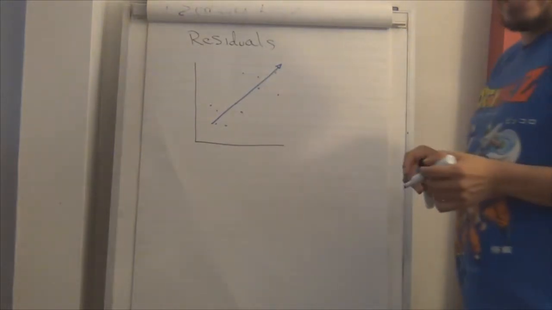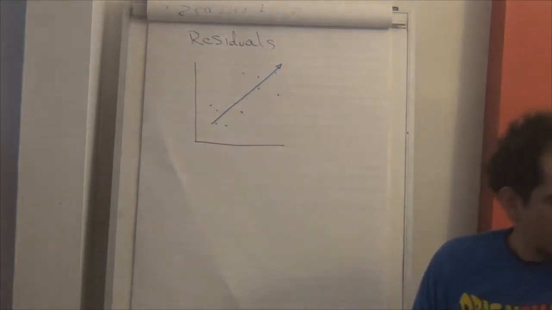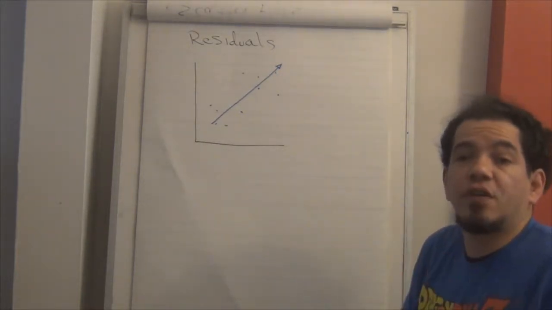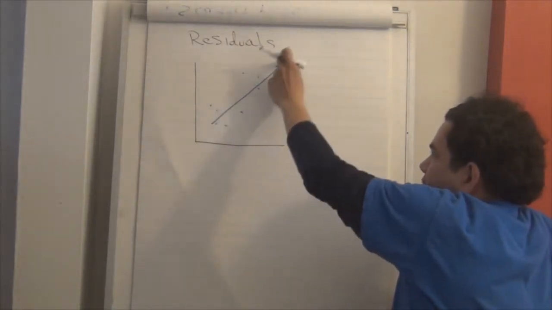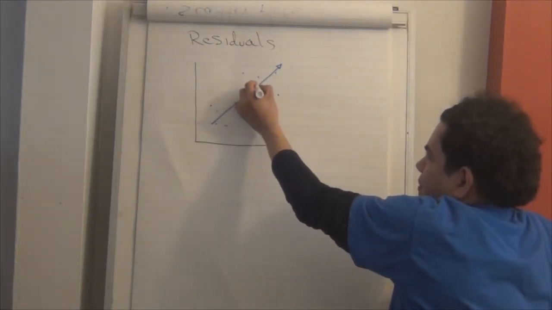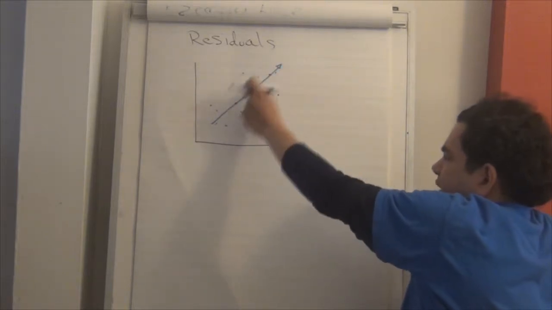Now, a residual is whatever is left over. Let's say this line predicted perfectly these three points right here.